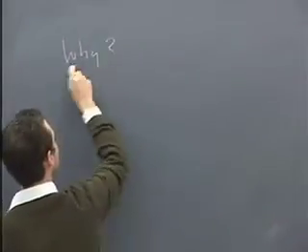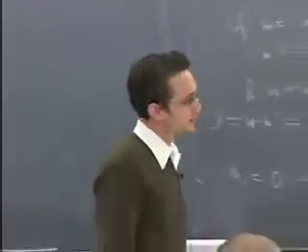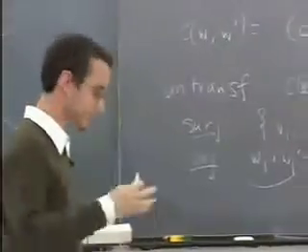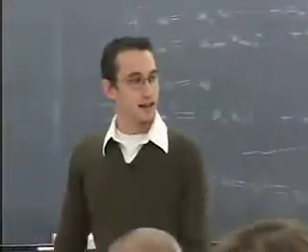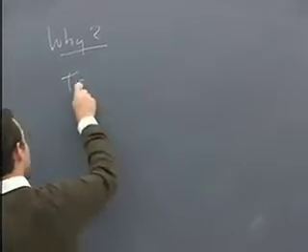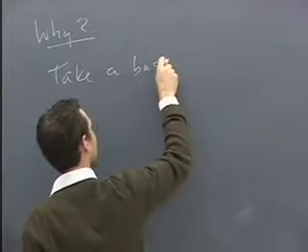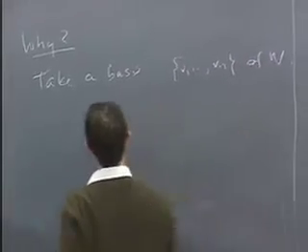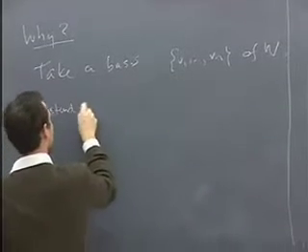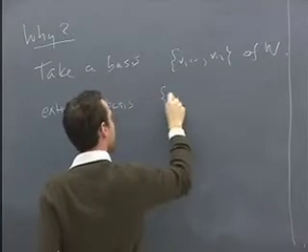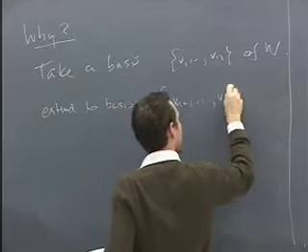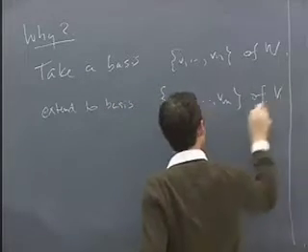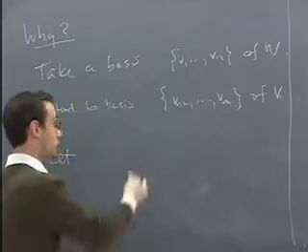Yeah, Emily. If we have a basis for W, then there's a basis for V, and then the extra part of the basis will be the basis for W prime. Exactly. So paraphrasing, the point is that we take a basis, call it v1 through vn, of W, and extend to a basis v1 through vm of V. We're allowed to do this.